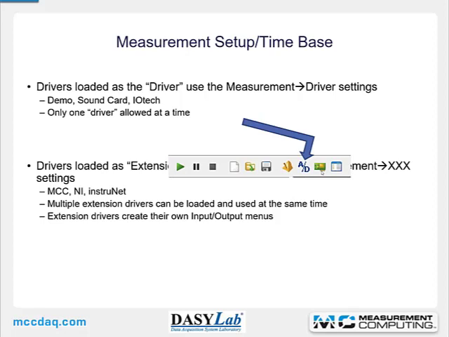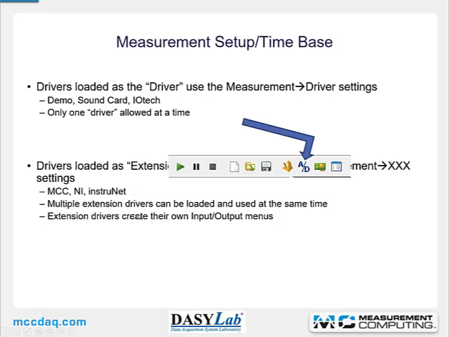So drivers loaded as driver use the measurement driver settings, and there's only one driver allowed at a time. So you're only going to have the demo driver or the sound card driver or the IoTech driver. Drivers loaded as the extension driver will have their own submenus in the measurement and hardware menus. Measurement, MCC, NI, Instranet, data translation will each have their own menus.